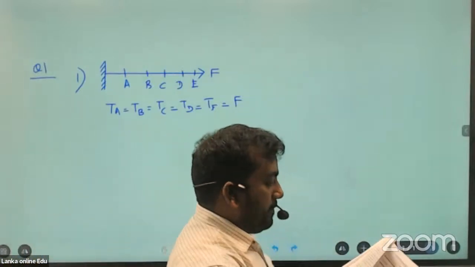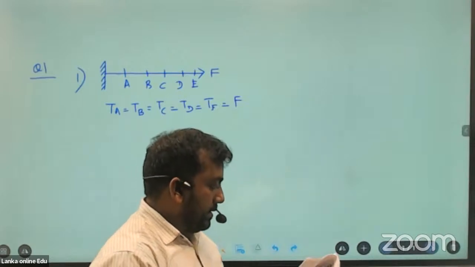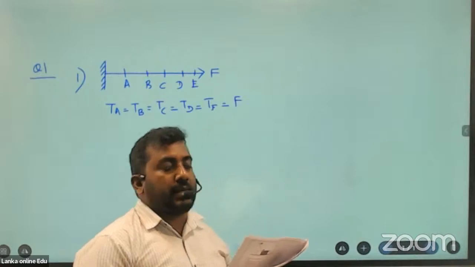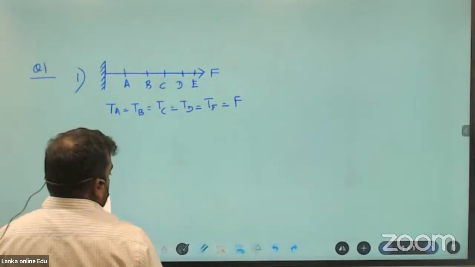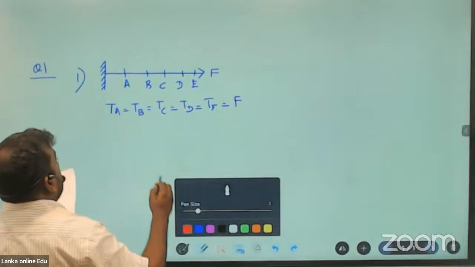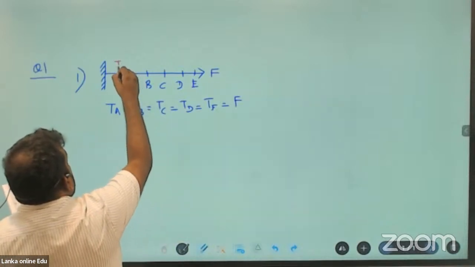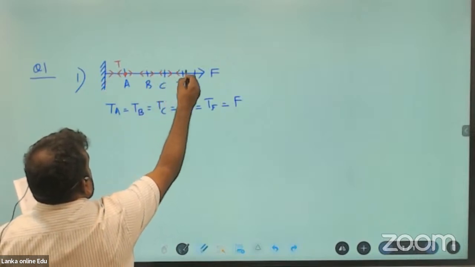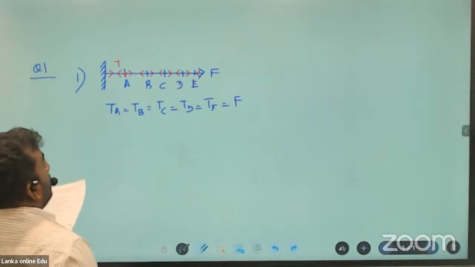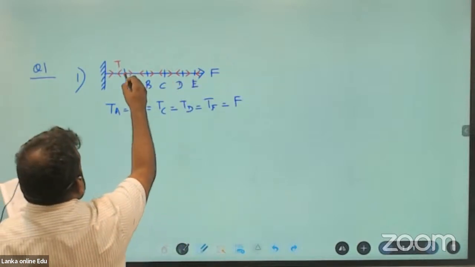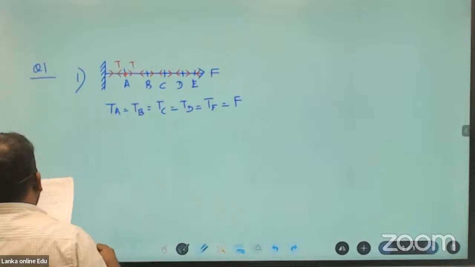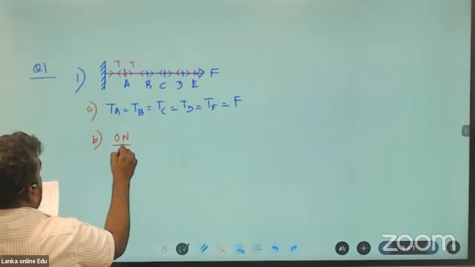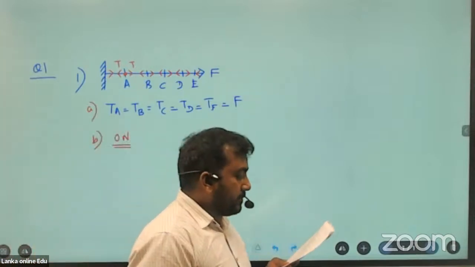Everywhere the tension is the same. Next, the total force on the string at points A, B, C, D, E. If you take a point here, there are equal and opposite forces everywhere, so the forces cancel off. The total force at each and every point is 0 newtons.